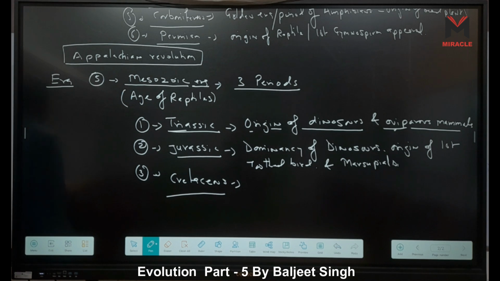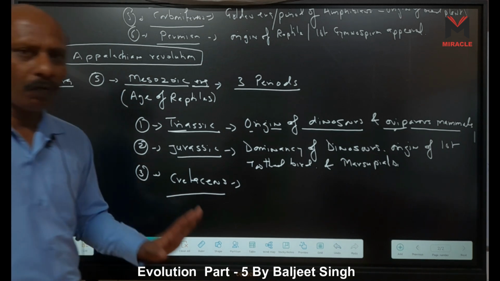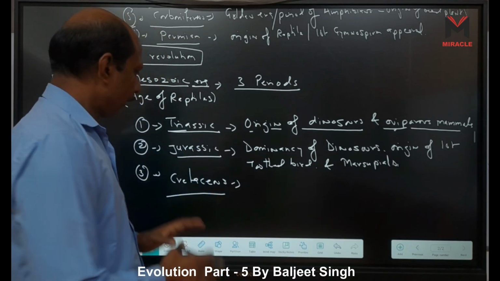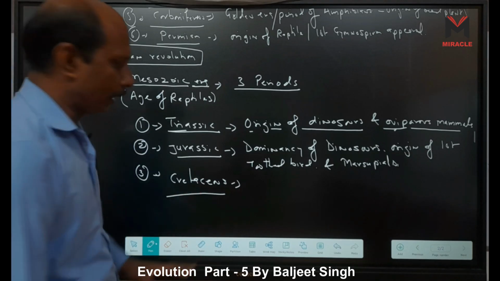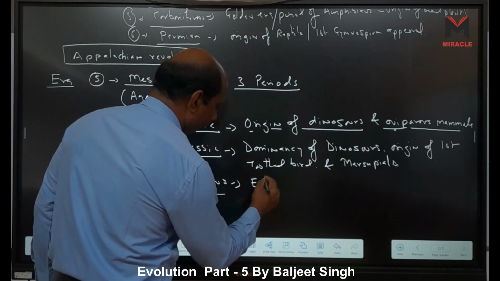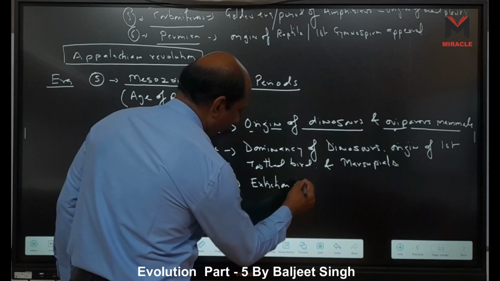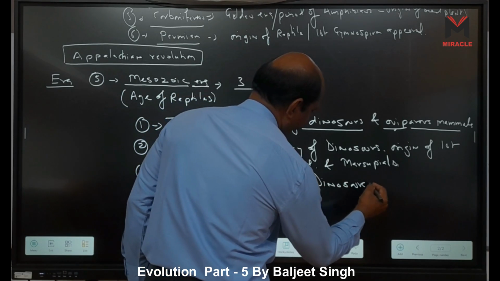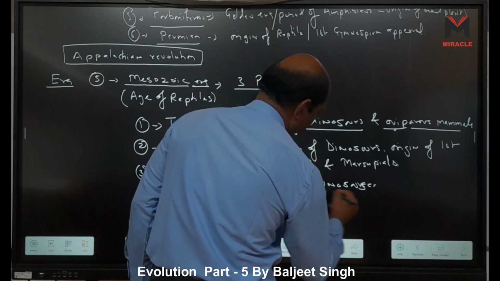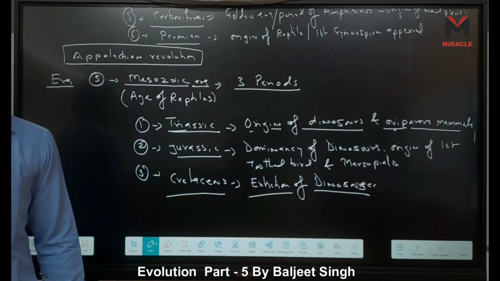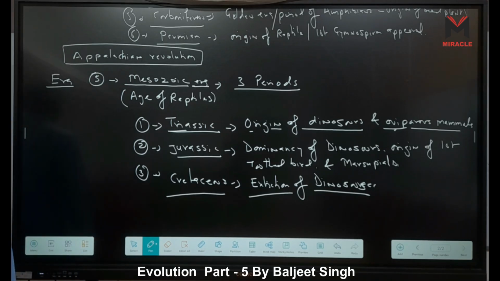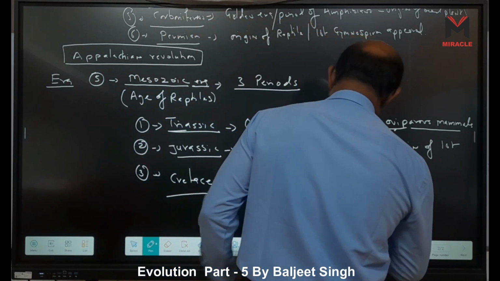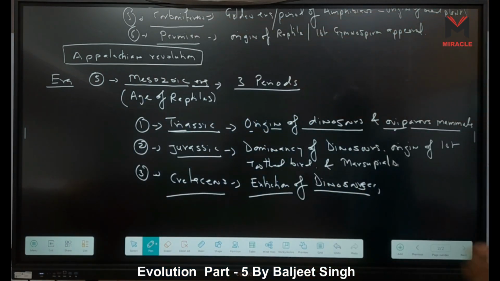And our third period is Cretaceous. Cretaceous means here extinction of dinosaurs, simply 65 million years ago, right? Suddenly these dinosaurs went extinct. When they went extinct, at that time what happens?